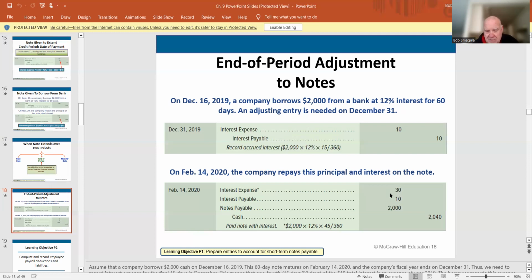So we're going to debit the interest expense just for 30 because we already accrued the December expense. Now we're going to use that accrual of $10 to reduce the debt. Debit notes payable, credit cash 2340, okay?